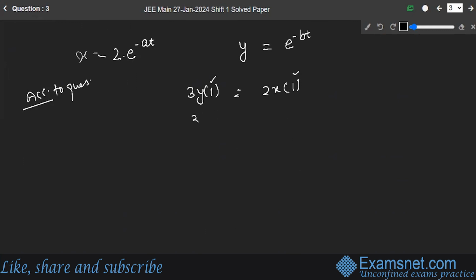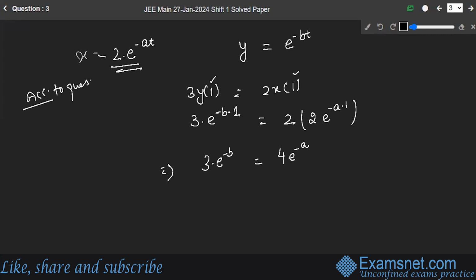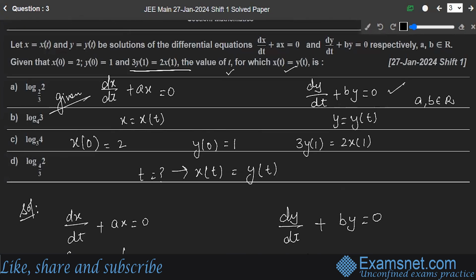So this makes 3 into e power minus b into 1 is equal to 2 again, e power minus a into 1. So let's write it properly. You have 3 into e raised to power minus b is equal to 4 into e raised to power minus a. Or you have from here that e raised to power a minus b is equal to 4 upon 3, right?